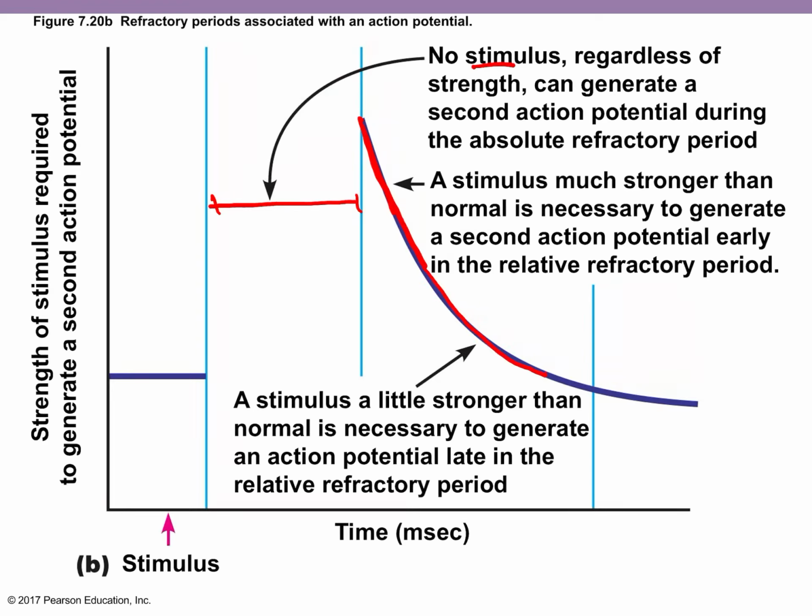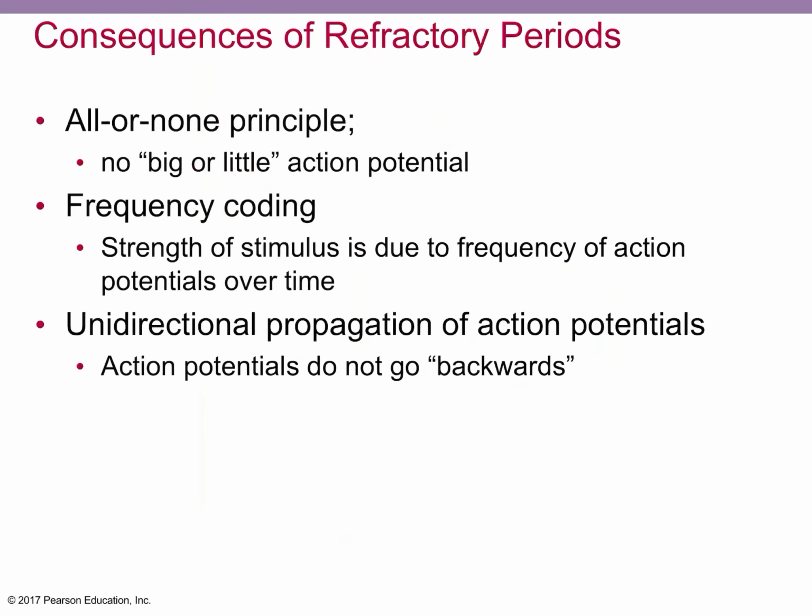And then if we go even lower, we're reaching membrane potential again. A stimulus a little stronger than normal is necessary to generate an action potential. That should make a little bit of sense to you, because at this point we're almost back at the resting membrane potential.